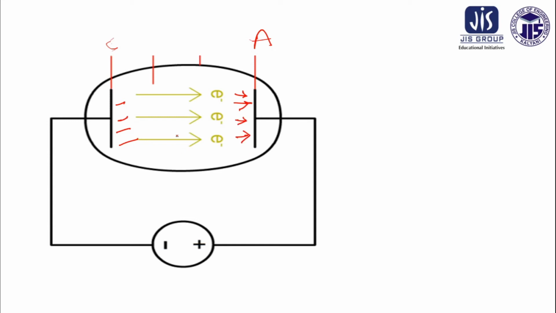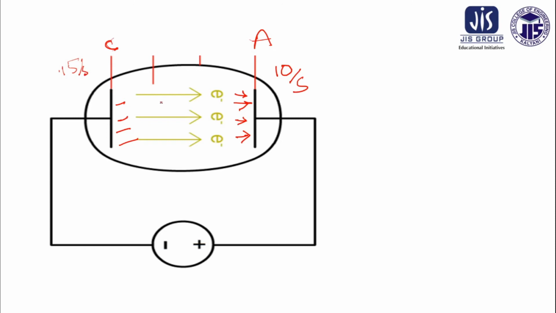What happened when the electron is passing from this particular cathode, and when the anode is accepting electrons? Suppose I am considering that 10 electrons are accepted by the anode in a particular second, and suppose 15 electrons come here per second.